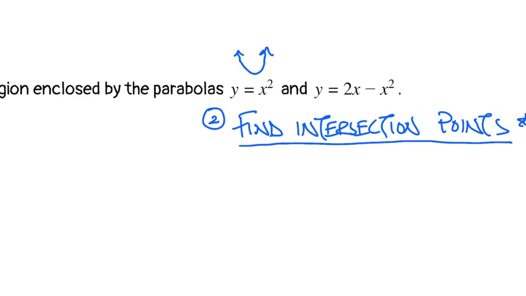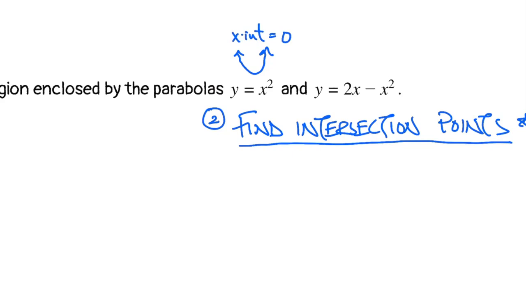Good, good. Okay, so we know that the x-intercept is at 0, okay? All right, let's take a look at the second one though, y equals 2x minus x squared.